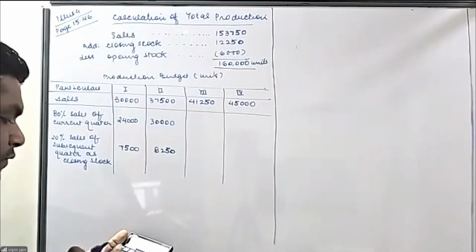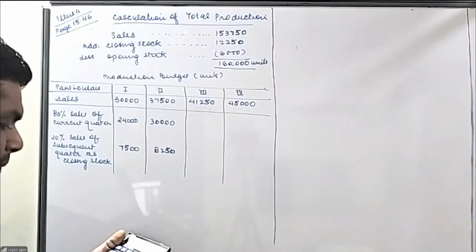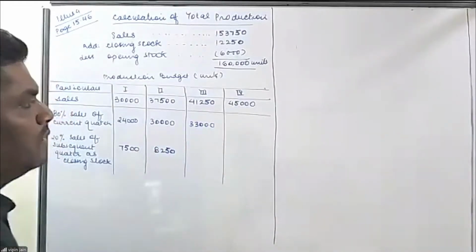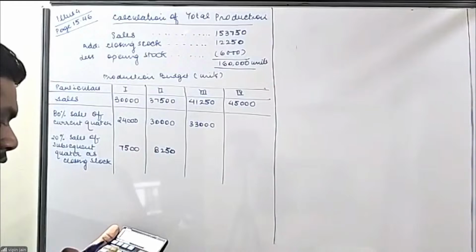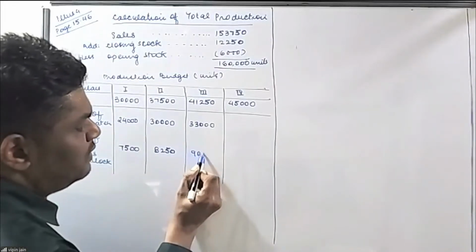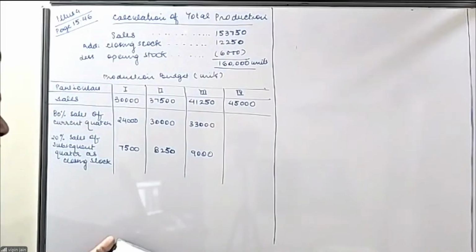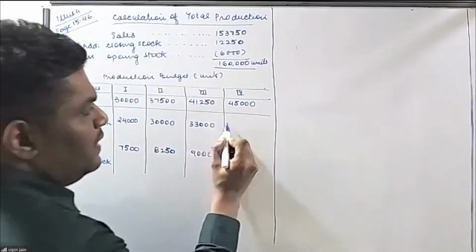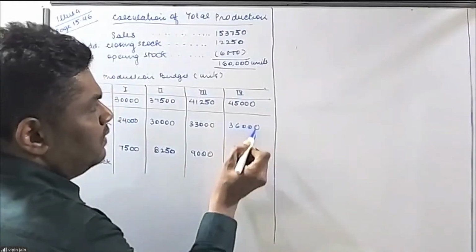Similarly, for the third, 41,250 into 80% will be 33,000, and 45,000 into 20% will be 9,000. Similarly, for quarter four, 45,000 into 80% will be 36,000.